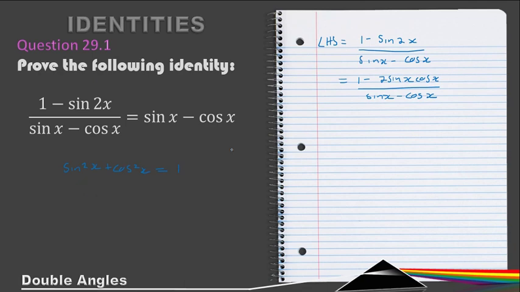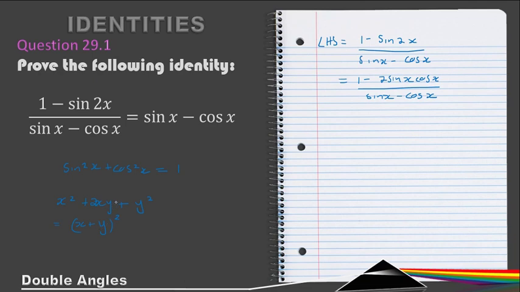And another thing that I know, if I see sine x and cos x together, I know that x squared plus 2xy plus y squared, if I factorize that, gives me x plus y squared, but that comes by using these a lot.